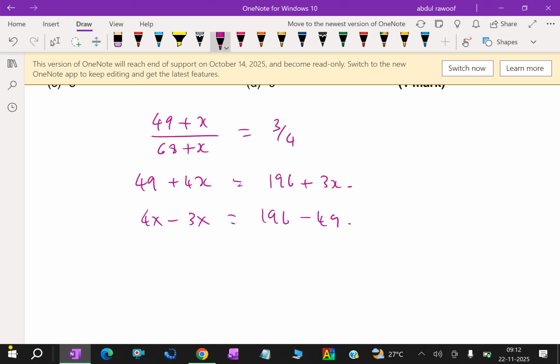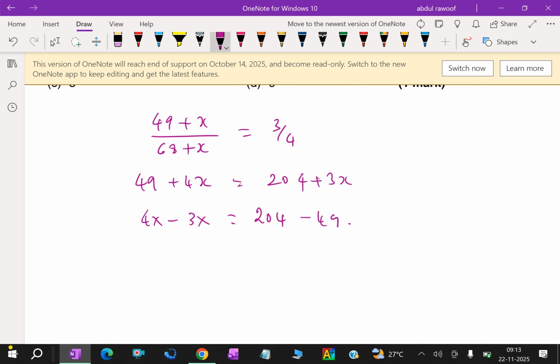So 68 and 3: 3 8s are 24, 2 carries, 3 6s are 18, 18 plus 2 is 204. 204 plus 3x. 204 minus 49.